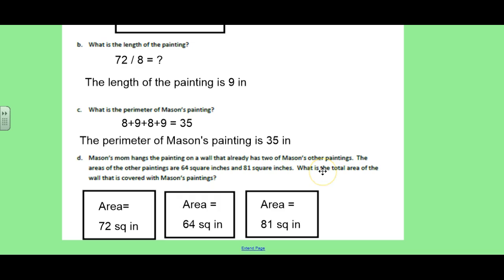So it says, what is the total area of the wall that is covered with Mason's paintings? So we're going to have to add all 3 of these areas together to find the total amount of area that he has with all 3 paintings. So I want you to add all 3 areas together to find the total area, and then answer this question in a complete sentence, and whenever you're ready to check it, you may push play.